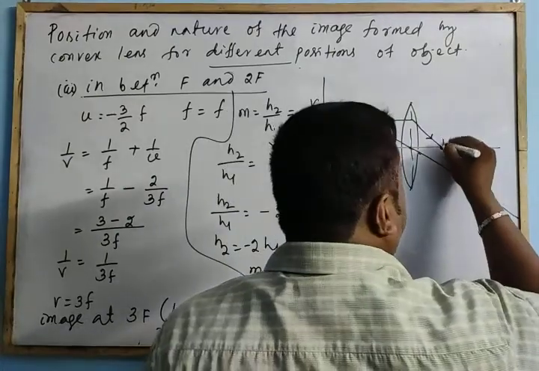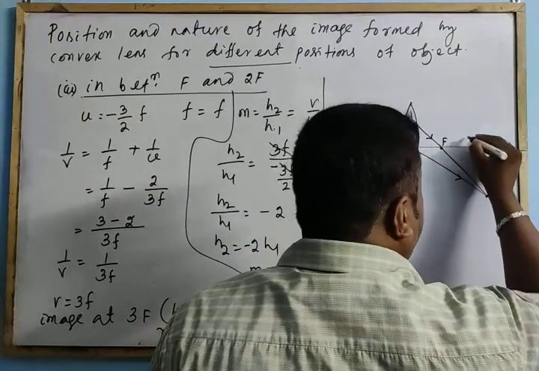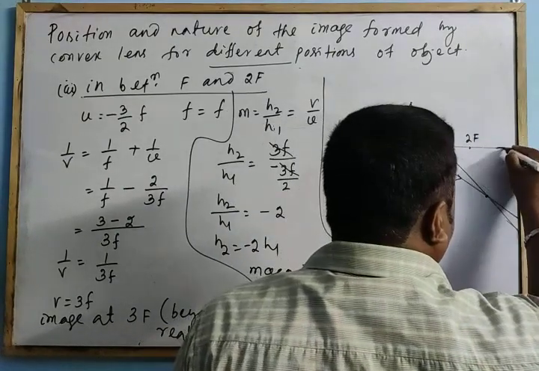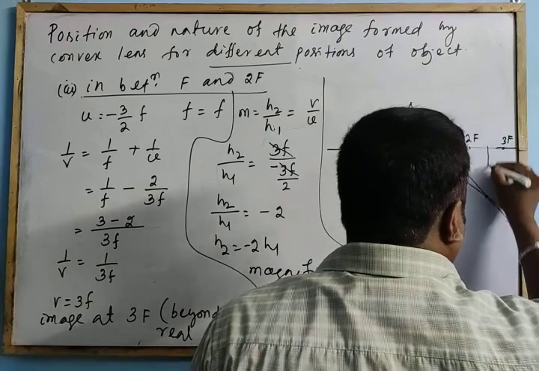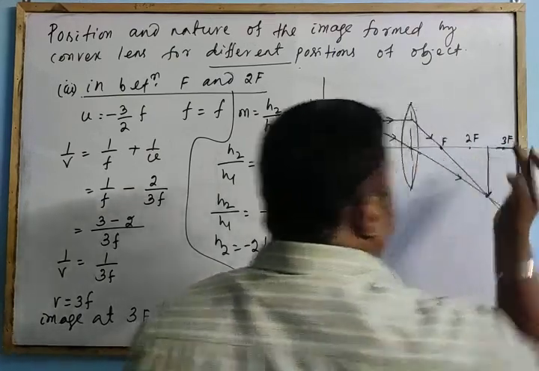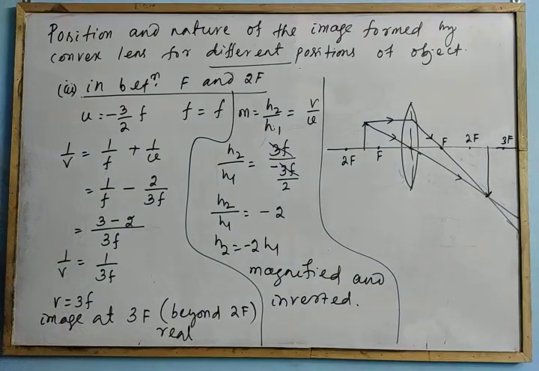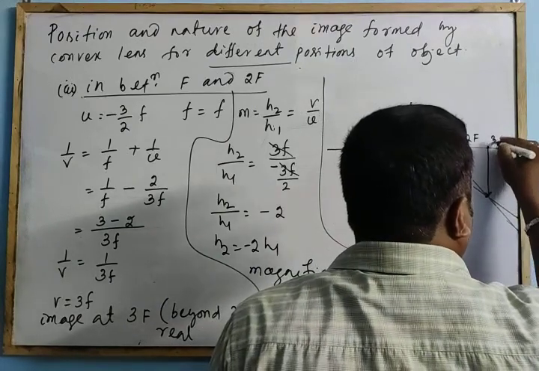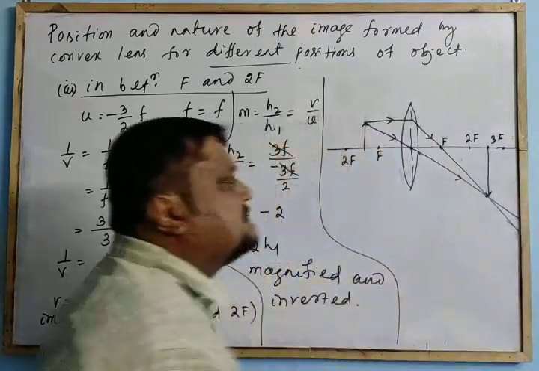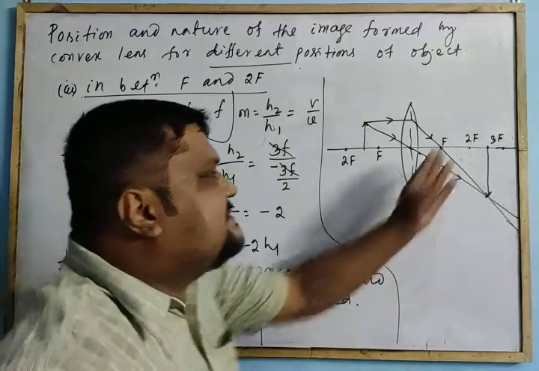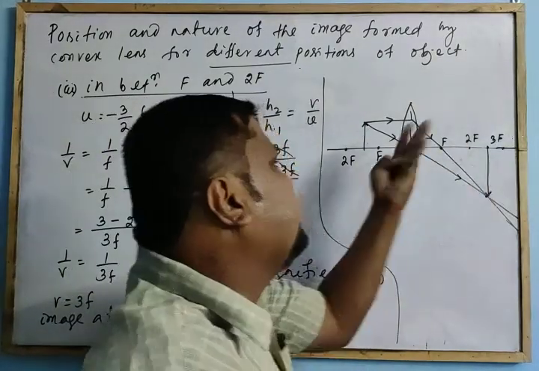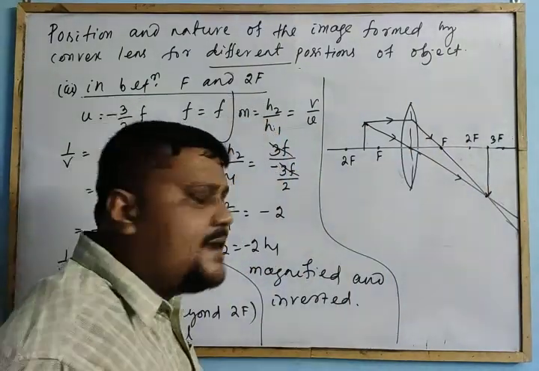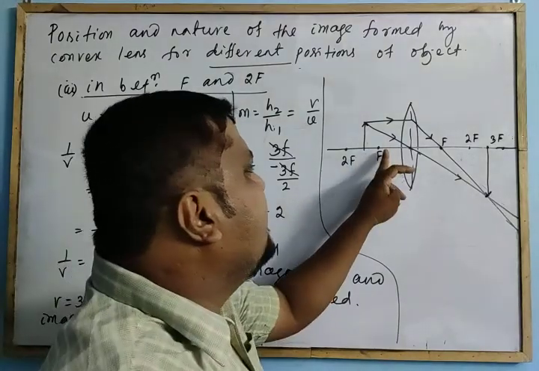So this is your f on this side, let this be your 2f, and let there be a 3f, and the object will be like this between f and 2f, means image at 3f. So this is the 3f position, at 3f, means beyond 2f the image will be formed. Clear? Then now we will go for the focus.